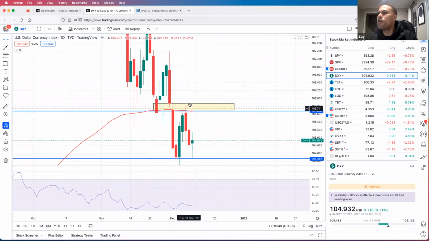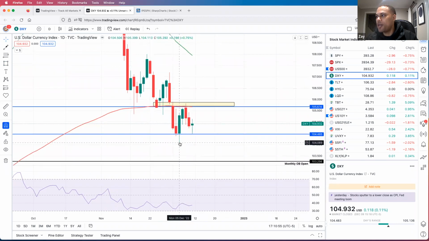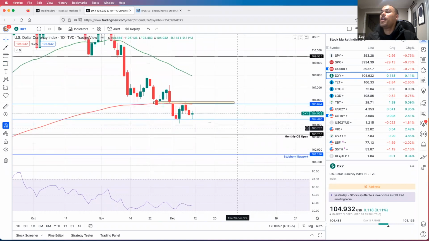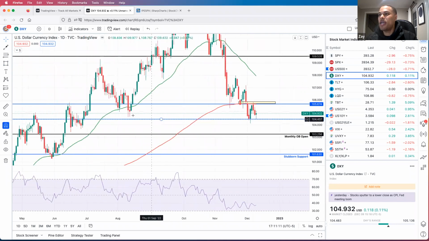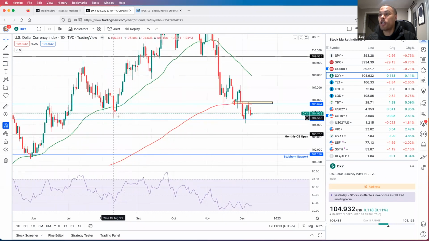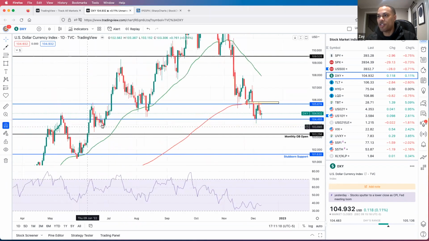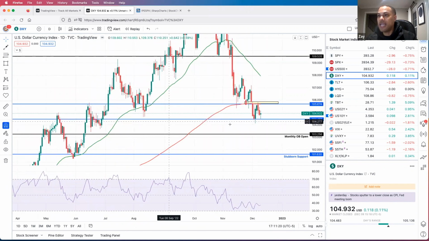And I mentioned how to try to get into this gap and reverse and potentially try to undercut these lows here. Now, what actually happened is we did sell down, but on Friday, we did not undercut these lows, and we actually bounced off of this 104.46, right? And we've been talking about how we wanted to undercut these lows and that ultimately we could find some structure or form some structure down in this area, right?